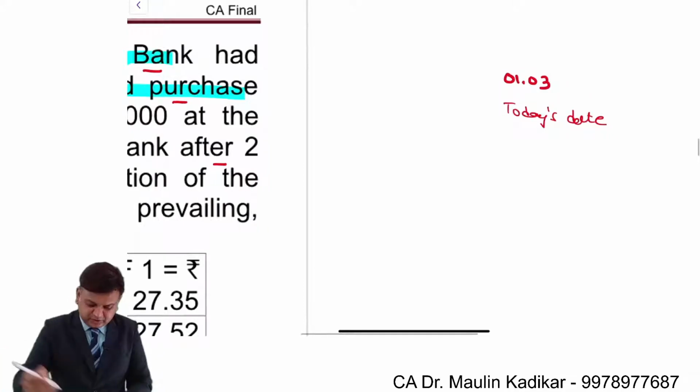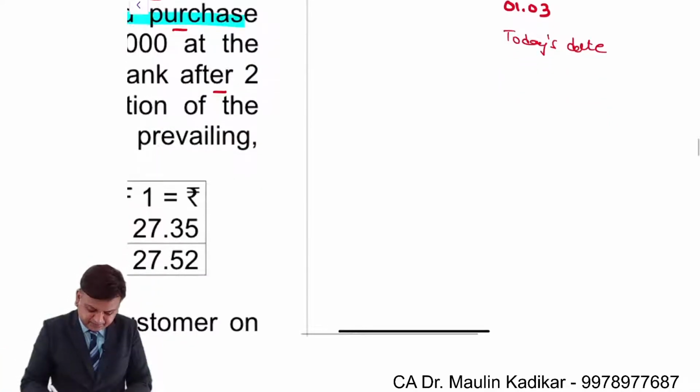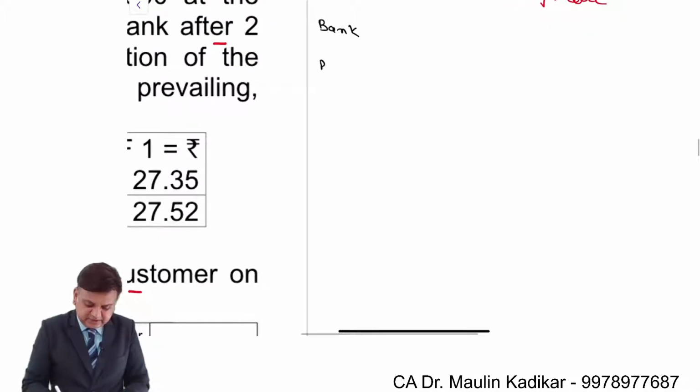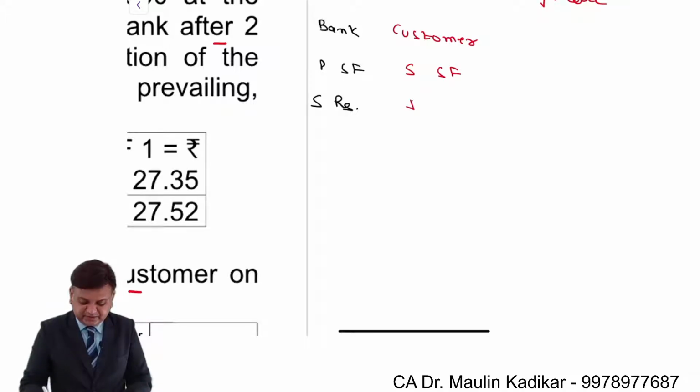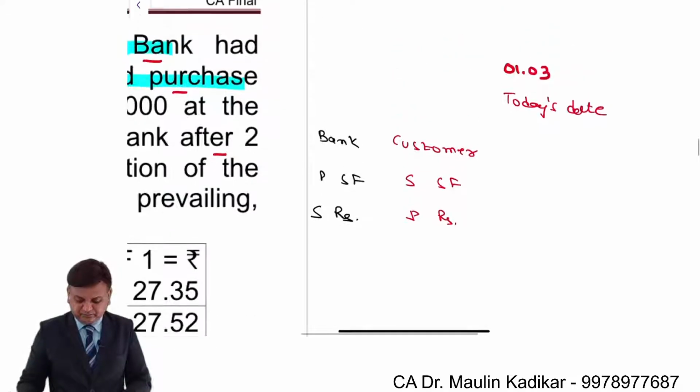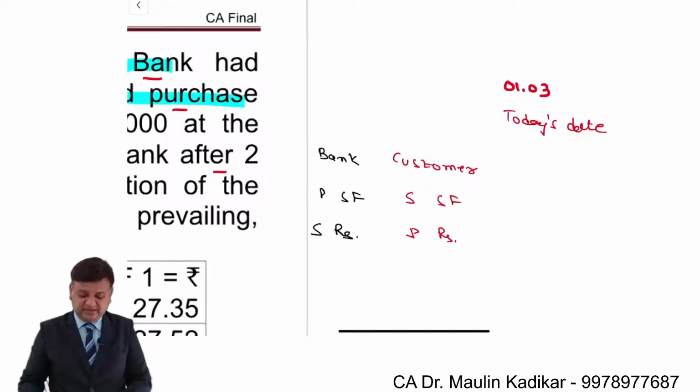So the information provided is that the transaction of the bank is purchase of Swiss franc, against which the rupees is given. So purchase of Swiss franc and sell of rupees. What must be the transaction of the customer? The transaction of the customer must be sell of Swiss franc and purchase of rupees. That is what we understand.